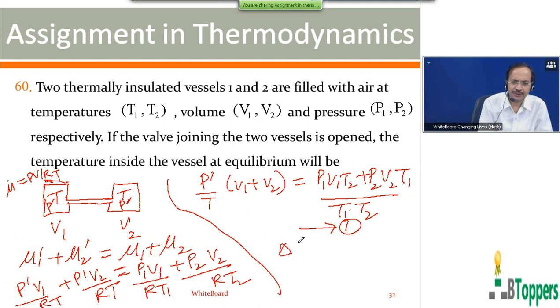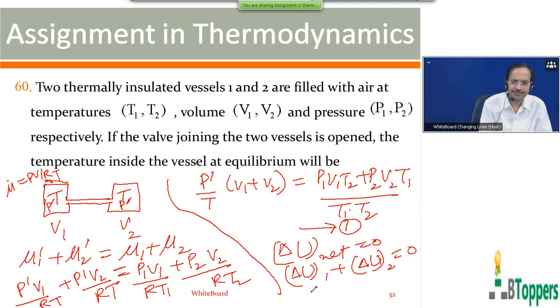Net change in energy of the system of the gas in the two vessels is 0. That is, change in energy of the gas in the first vessel plus change in energy of the gas in the second vessel can be taken as 0.